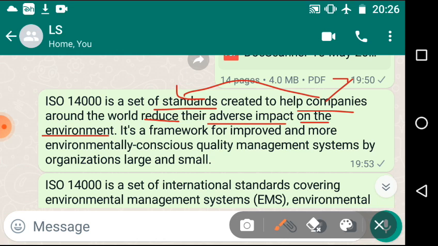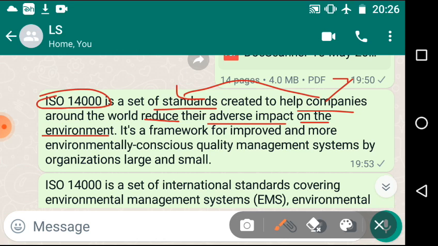It's not like a company will make a loss in order to protect the environment. The companies will achieve their goal, and at the same time, with the help of the standards stated in ISO 14000, they will work on it and try to minimize the pollutants released to the environment. Okay.